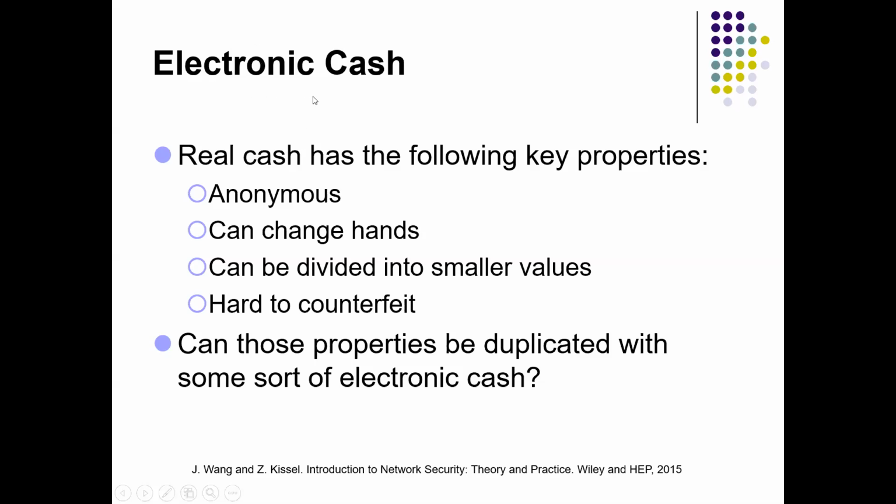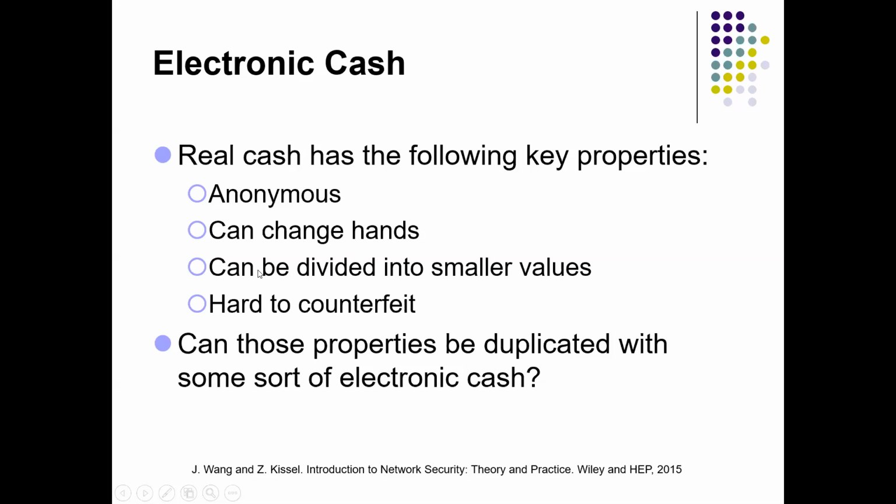First of all, to come up with a protocol for electronic cash, we first look at what properties we would really like to achieve. So first look at, in general, what key properties real cash should have. I have 4 bullets here. One is anonymousness. The other one is changing hands.